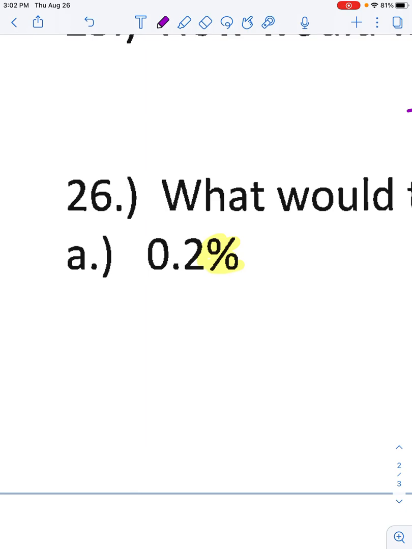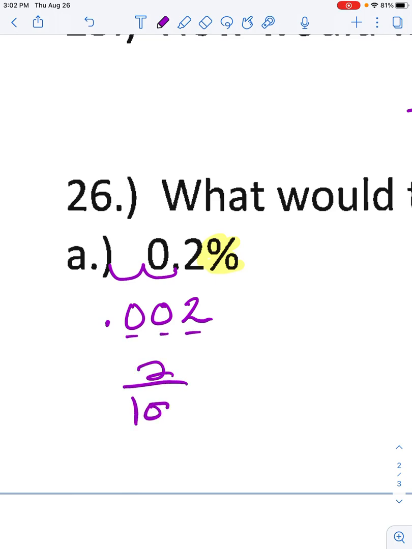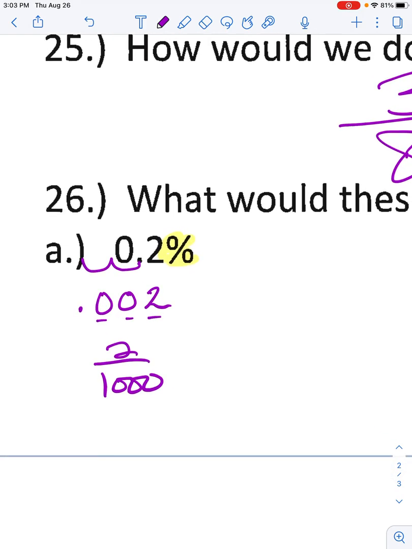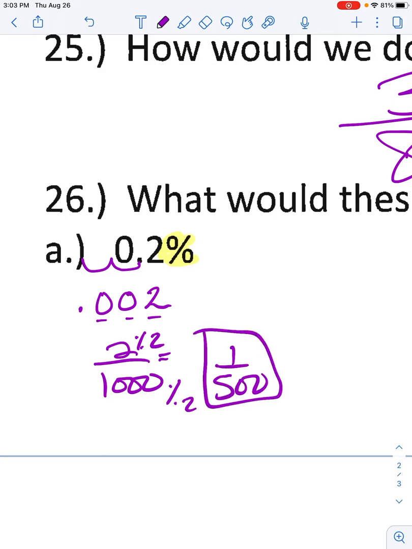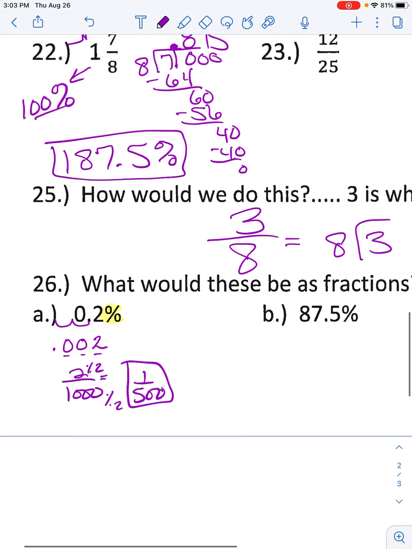So to write 0.2% as a decimal, you're going to move that decimal twice to the left. So that would say 0.002, which says 2 thousandths. So if something is 0.2%, that is very small. That's 2/1,000ths. And then simplify. So 1/500th. Very small.